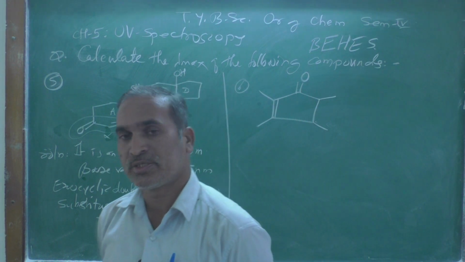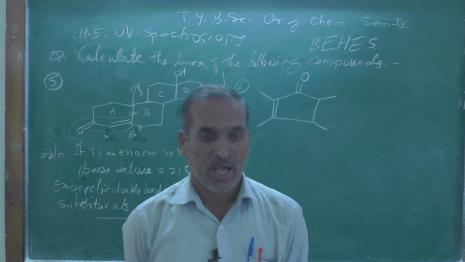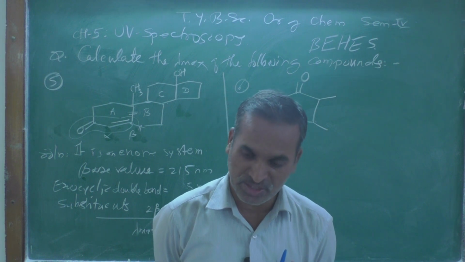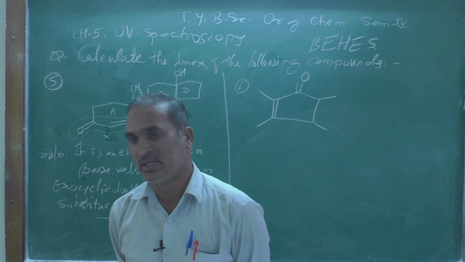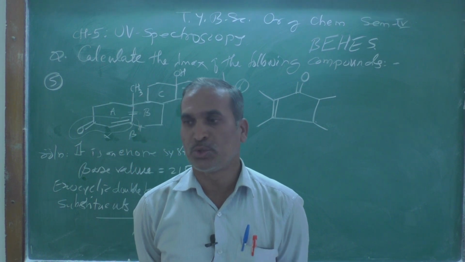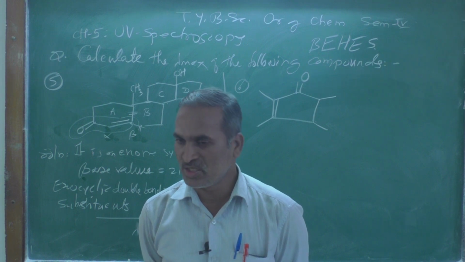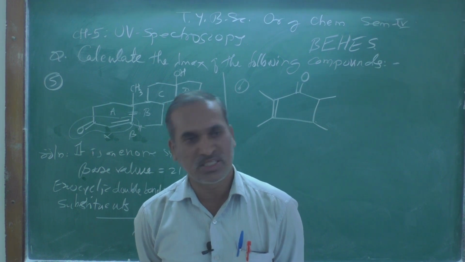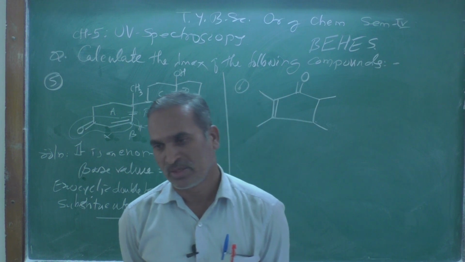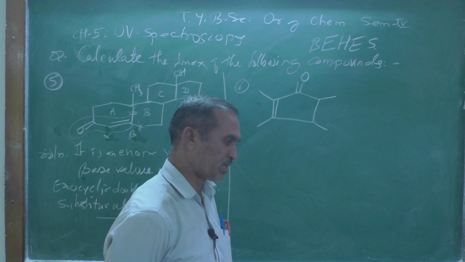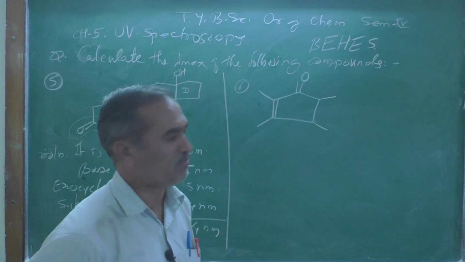First you have to identify the system. At T.Y.B.Sc level, there are only two systems. So both these systems we can identify very easily, within a fraction of a second.